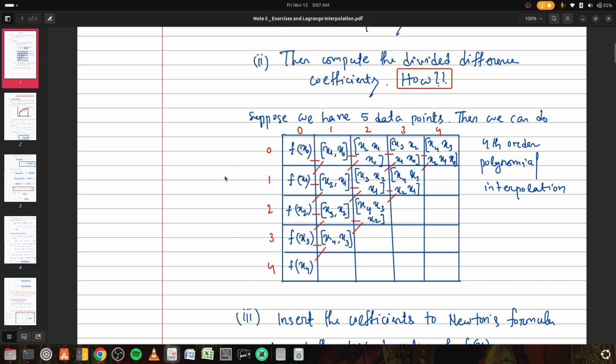So for this case, here we had only 5 data points, but in the code we have 6 data points.